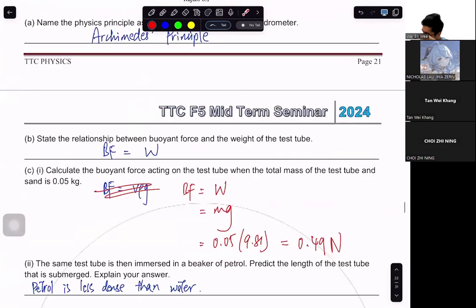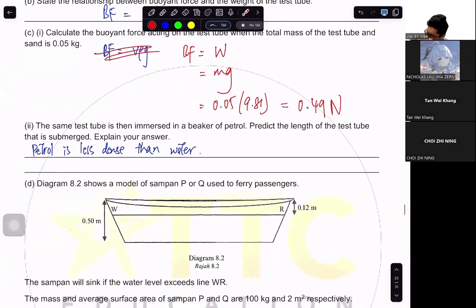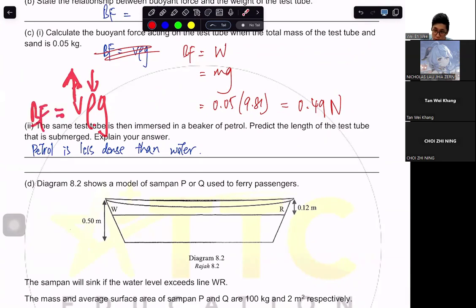So why is that? Because in rho Vg, if this rho is lesser, you need more V to balance it out. You want to produce the same buoyant force, so you need more volume inside the liquid. So you have to sink down a bit more in order to produce the same buoyant force, because your density dropped already. Someone must come in and fill up.